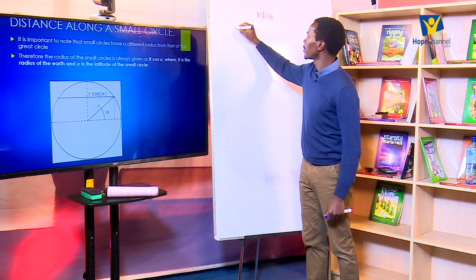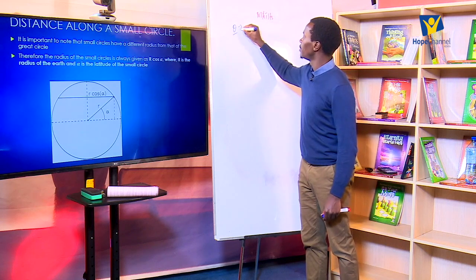Dear learner, welcome back. Just before we went for a short break, we were discussing the distance along a great circle. And if you can remember well, we were saying that you first of all find the latitude difference, and then you use the formulas that we already stated in getting the distance. Maybe to just remind you, to get the distance along the great circle, first get the latitude difference.